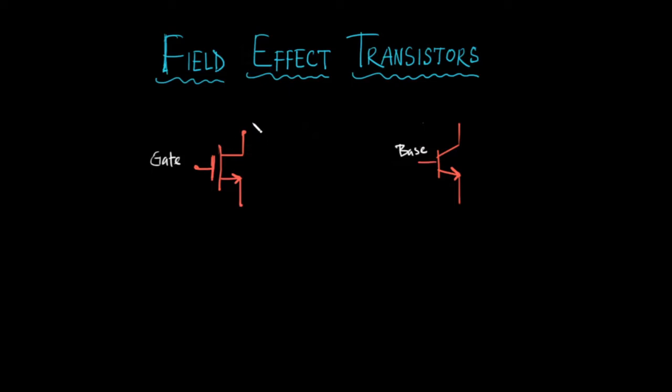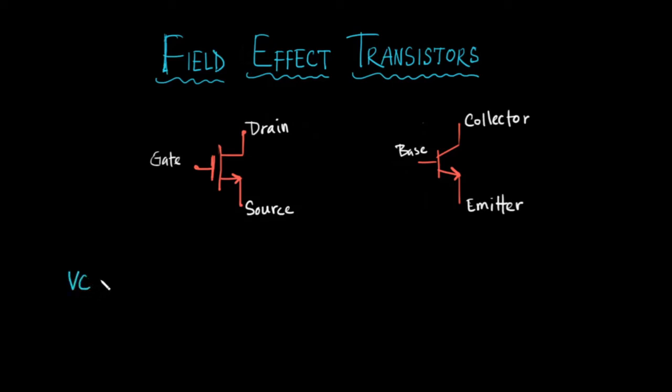This is called the drain; in the BJT, this was called the collector. And this is called the source; in the BJT, this was called the emitter.